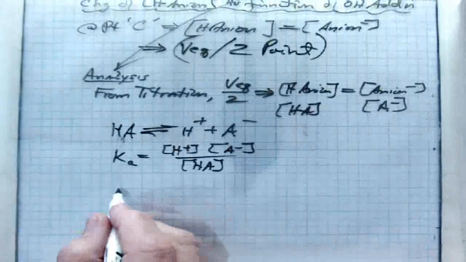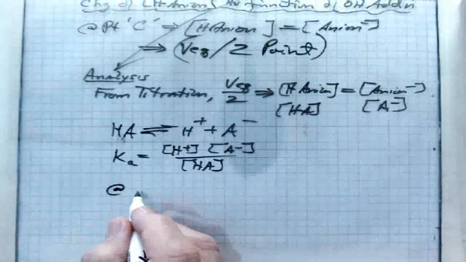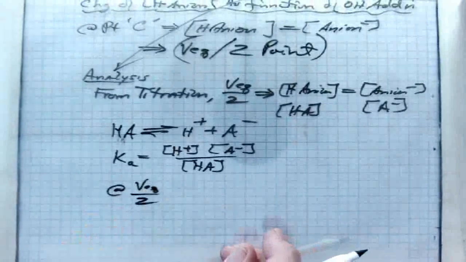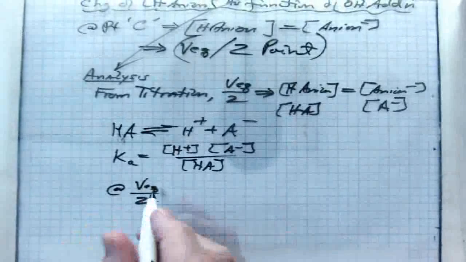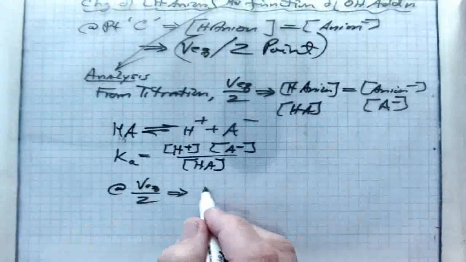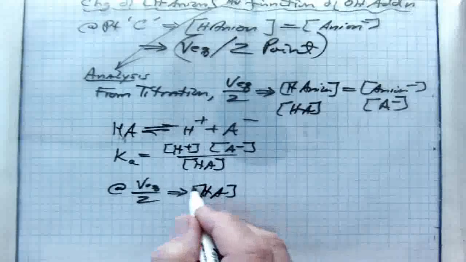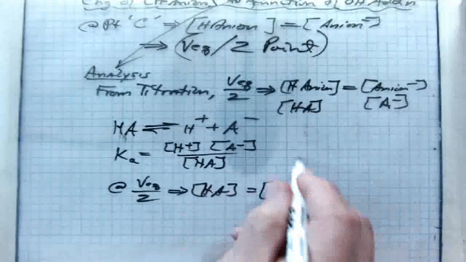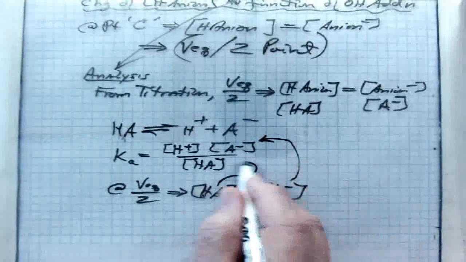Of course, that's the equivalence point there. And this is what you're looking for. The pH at VEQ over 2, the pH at VEQ over 2, right here.